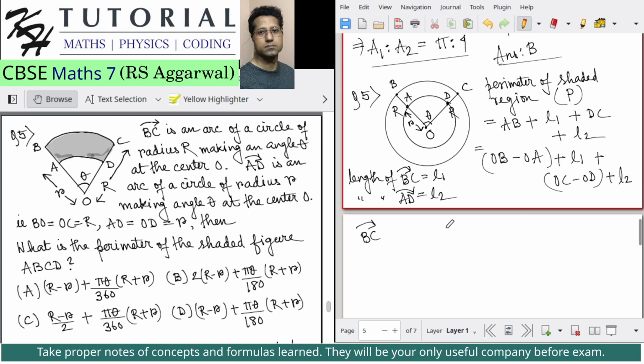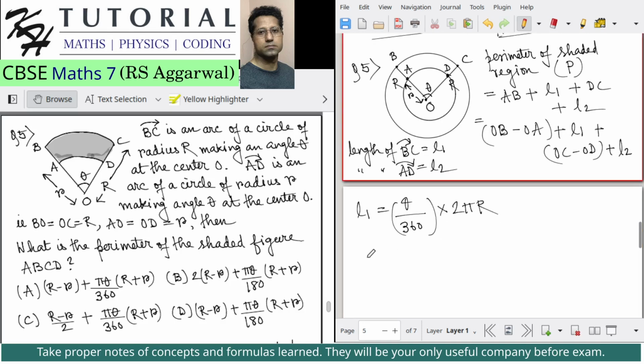Now we have to find what is L1 and L2 from the formula. We know that the arc BC is an arc that is making an angle theta of a circle of radius capital R. So L1 will be theta by 360 multiplied by 2 pi capital R. Similarly, L2 is the length of the arc AD, which is formed on a circle of radius small r, and the arc is making an angle theta at the center of the circle.